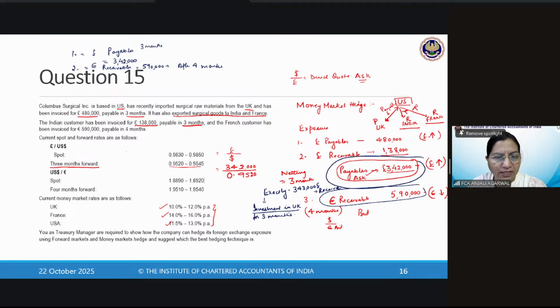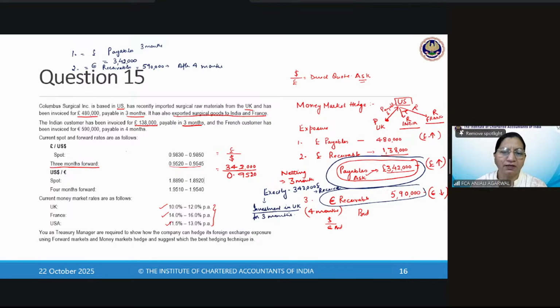Is UK giving any interest? Yes, it is. So do you need to actually make an investment of 342,000 to receive 342,000? No. You want to receive 342,000 together with interest. If you want to receive that amount together with interest, you only need to make an investment of its present value.